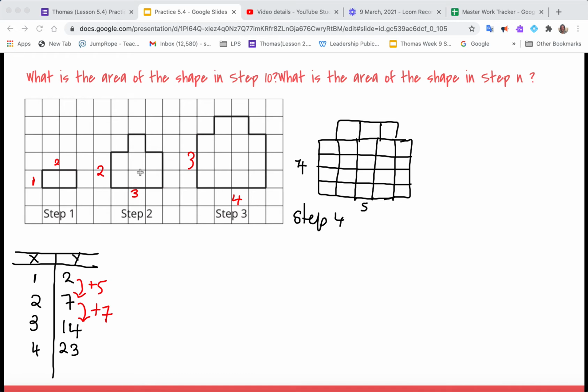So if I'm looking at the way that this shape is growing, I can see growing squares. So that's a 1 by 1. Here is my 2 by 2.